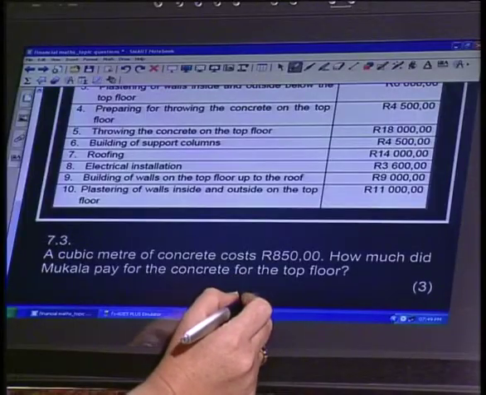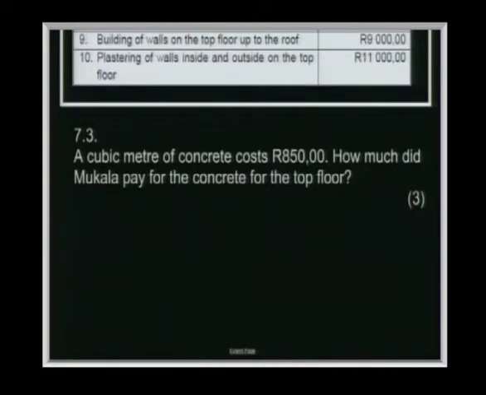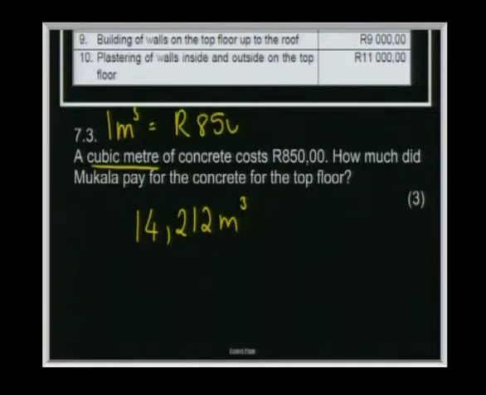A cubic meter of concrete cost 850 rand. How much did he pay for the concrete on the top floor? Right, now we've just worked out how much concrete he actually needed. He needed 14.212 meters cubed of concrete. And they've told us a cubic meter, which is 1 meter cubed, is equal to 850 rand.